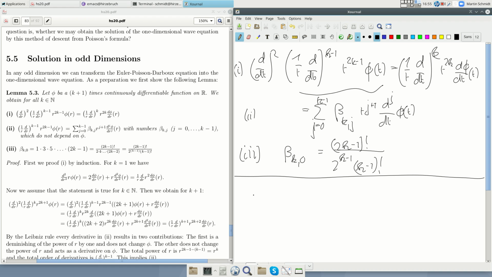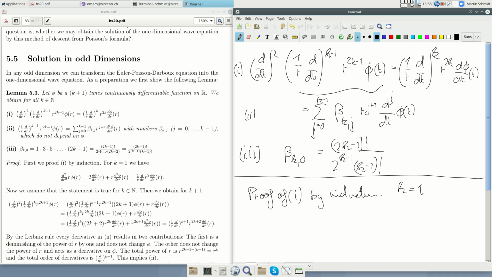Okay, let's prove this. Proof of the first statement by induction. We start with k equals 1, as induction means we first consider k equals 1. If k is equal to 1, then we don't have this term. So then we have d by dr squared of r to the power 2 minus 1, this is 1, so r times phi of r.